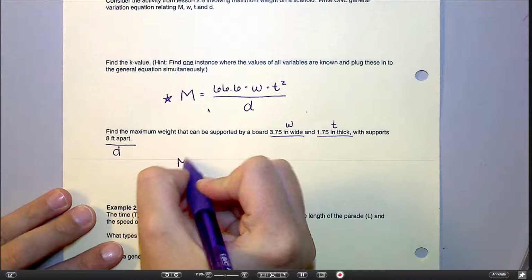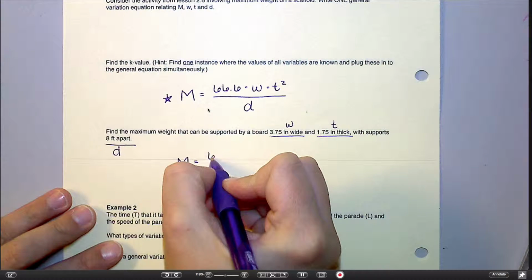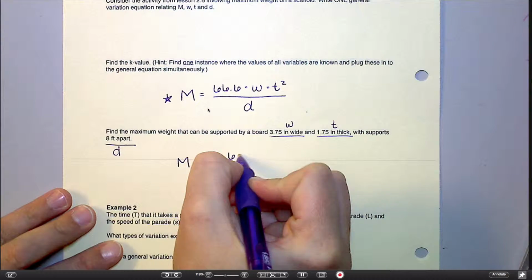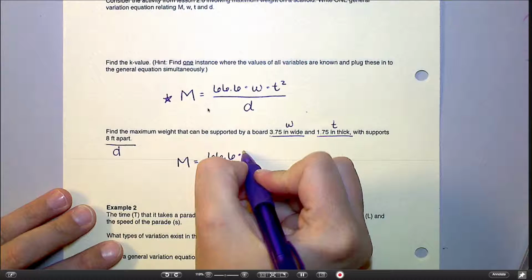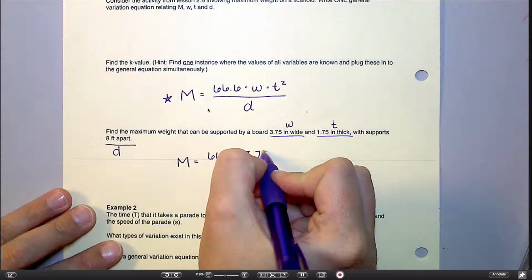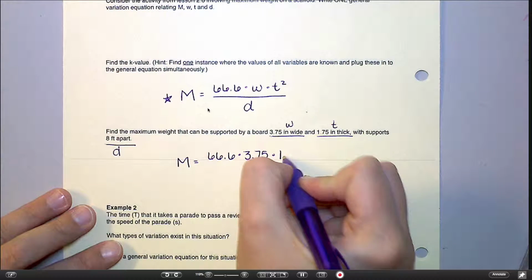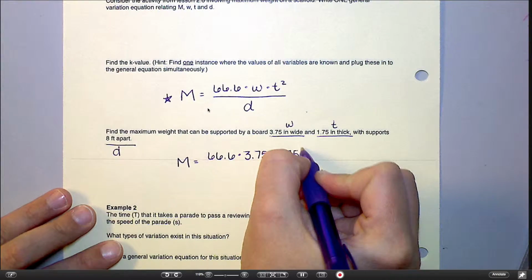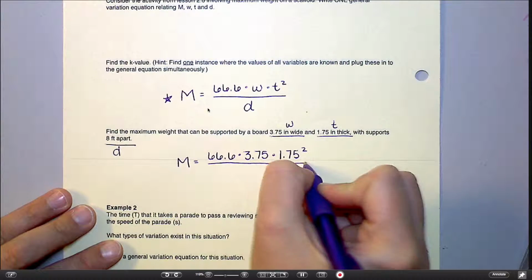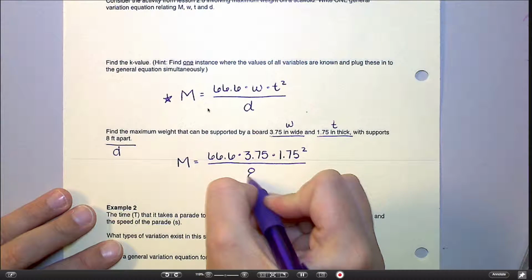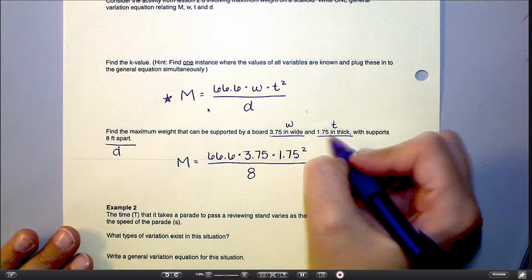So my maximum weight is equal to 66.6 times my width, which is 3.75, times my thickness squared, and the whole thing divided by my distance between the supports, which is 8.